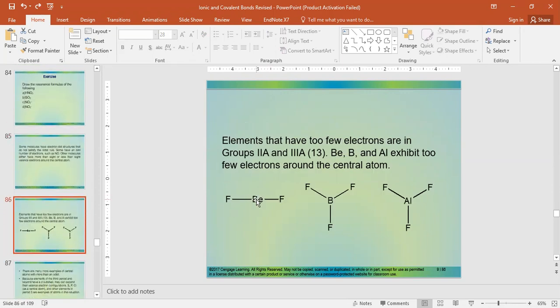For example, look at beryllium difluoride. Beryllium, if you go to the periodic table, you know beryllium has only 2 valence electrons. So this is covalent bonding whereby an atom from fluorine and another atom from beryllium form a single covalent bond here.